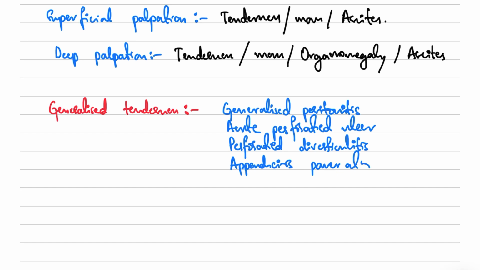So if the patient has generalized tenderness, it can be a generalized peritonitis, an acute perforated ulcer, a perforated diverticulitis, an appendicitis or a pancreatitis.